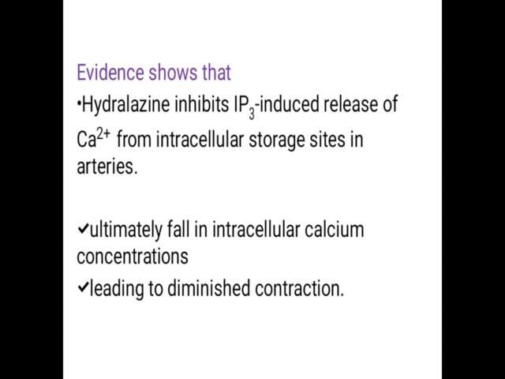So one of the ways is that it is responsible to inhibit the release of calcium which is induced by IP3, inositol triphosphate. So hydralazine inhibits inositol triphosphate induced release of calcium from intracellular storage.